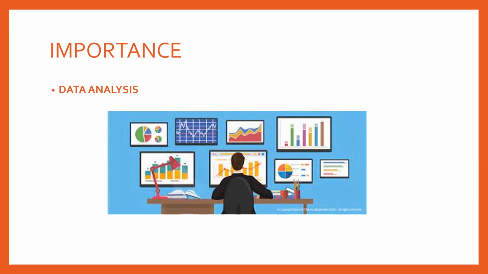By seeing that trend, he can understand which way the production is running, what the trend of production is, or whether any defects are coming. Where are the defects coming from? Which type of defects are more? All this analysis can be done through a monitoring screen. So that data analysis is very important.